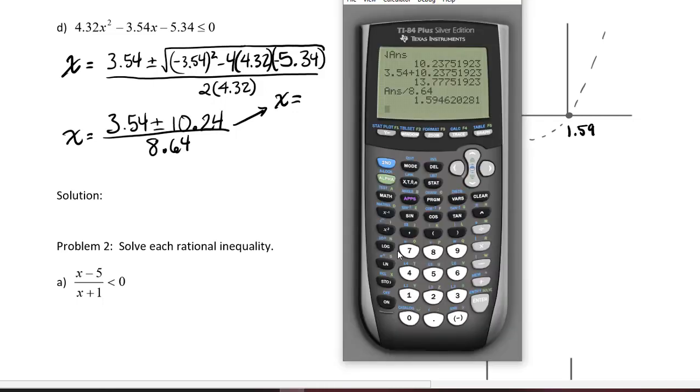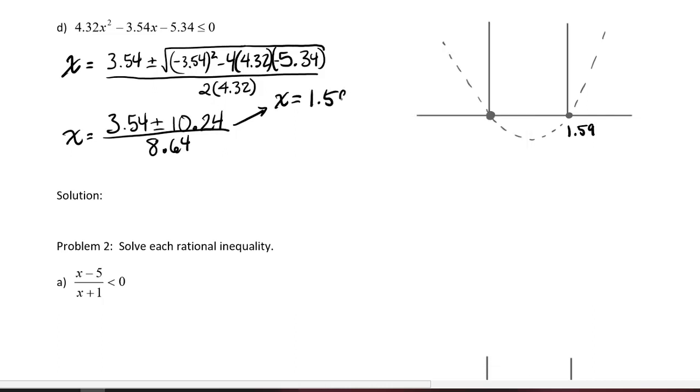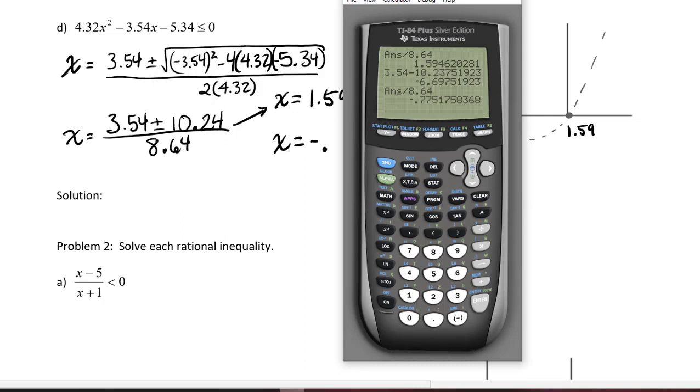Now let's do the negative version, and then divide it by 8.64. And we get negative 0.775. So we have 1.59 and negative 0.775.